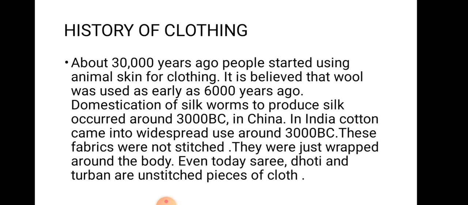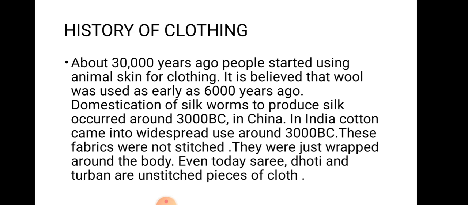Then how they got silk. Here we are talking about animal fibers, that is silk. We get it from the silkworm. Domestication of silkworms to produce silk occurred around 3000 BC in China. It means first of all silk production was started in China. All these things you will learn in standard 7 also about animal fibers.